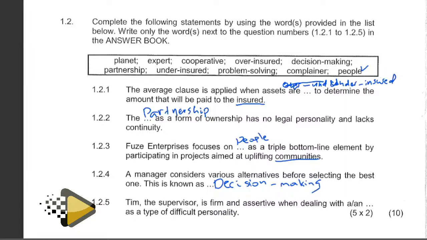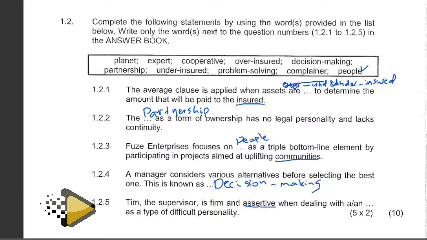Okay, right, Kritovs. So now Tim, the supervisor, is firm and assertive when dealing with a dash as a type of difficult personality. So to deal with this, in order for you to be assertive, you can only be assertive when you open up, or also when you try to keep a low profile.